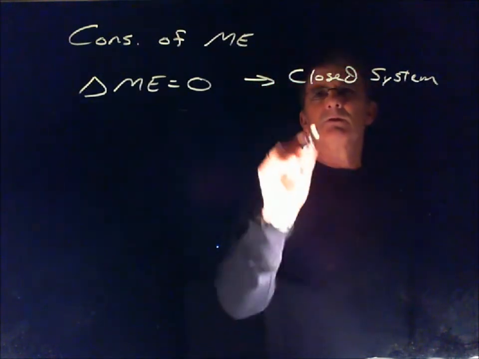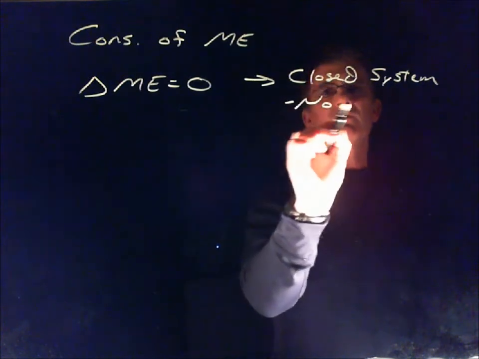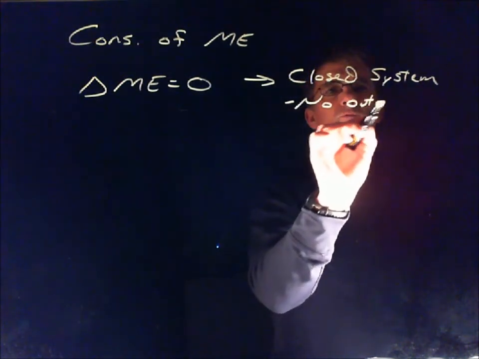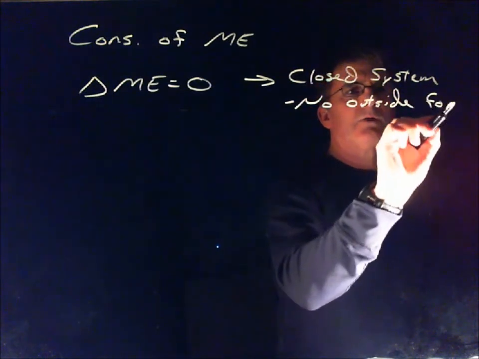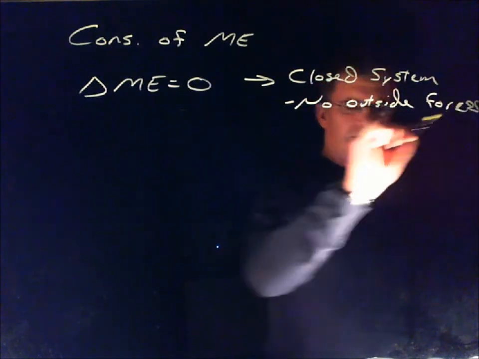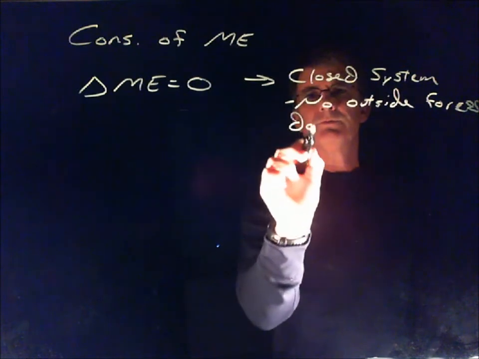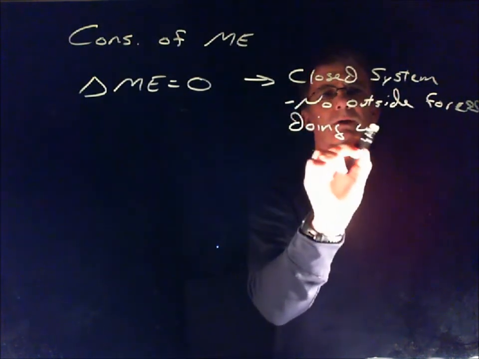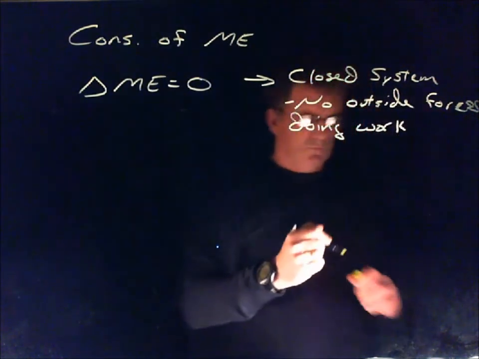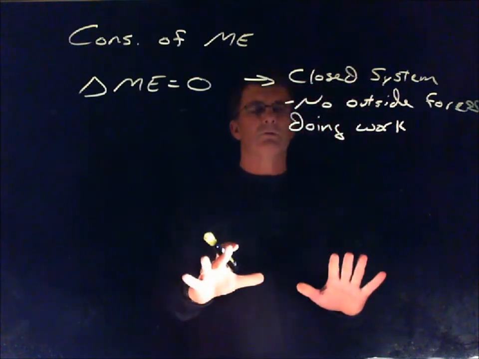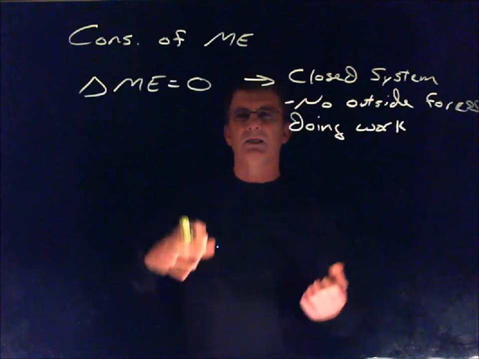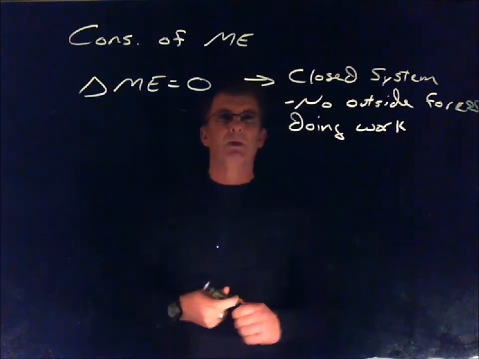The system is closed when there are no outside forces doing work on anything in the system. In other words, there's nothing external to the various objects that we're looking at that is either adding energy or taking it away.